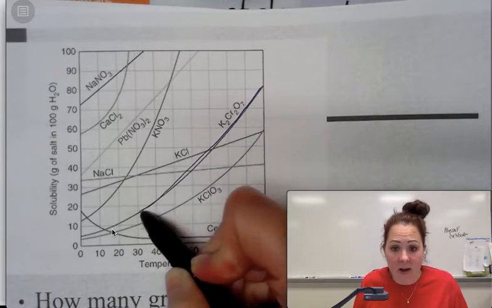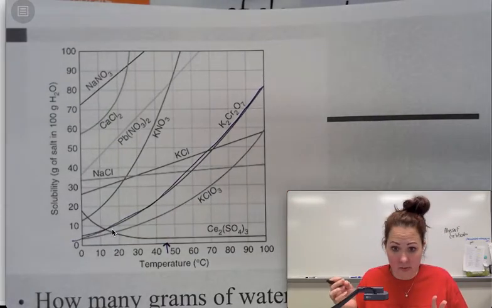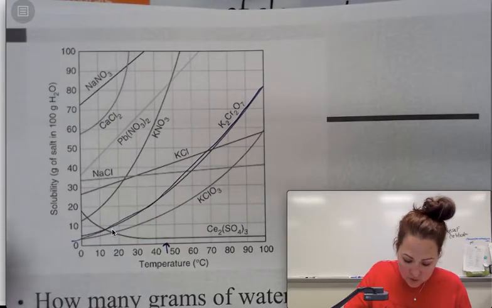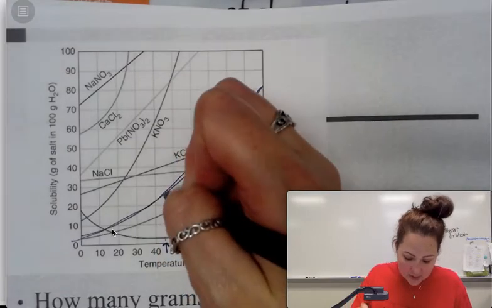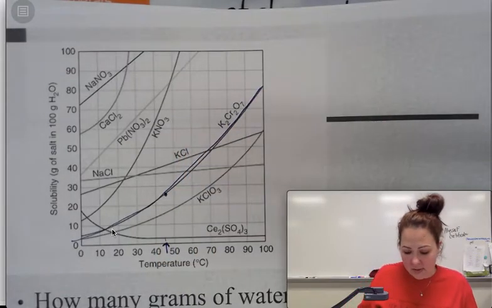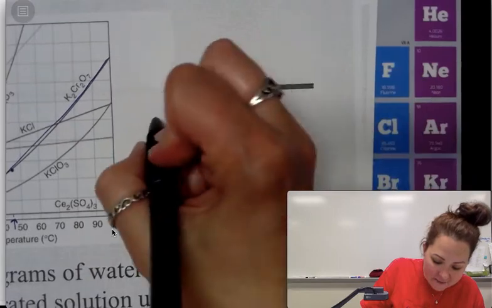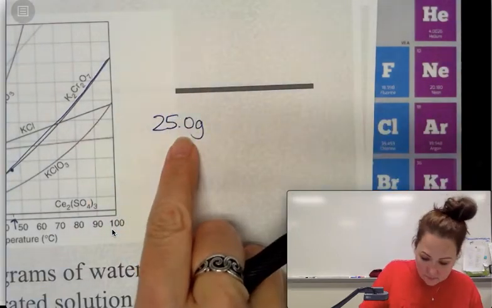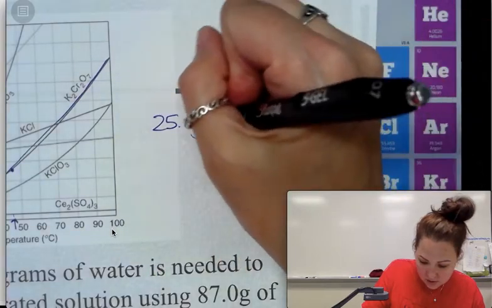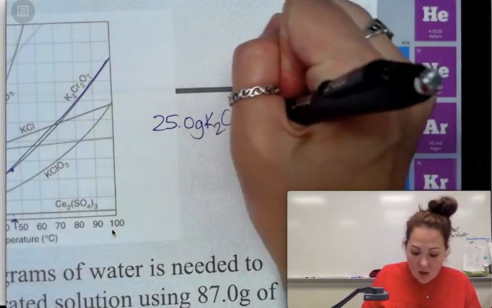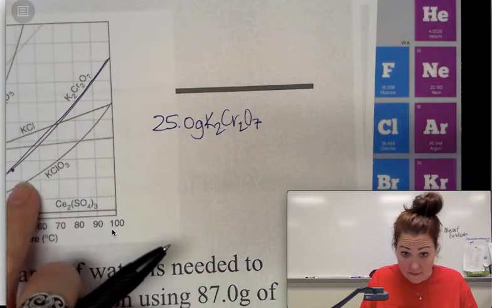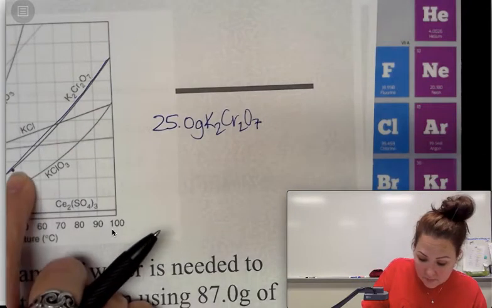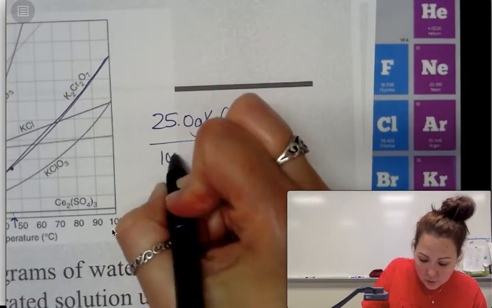That is the only line that I'm looking at. I'm ignoring everything else. When I read it at 45 degrees Celsius, I'm right here. So that looks like 25 grams. Remember, you put the 0.0 there for sig figs. Whatever you have on the graph, however many grams of K2Cr2O7, that's dissolved into 100 grams of water.